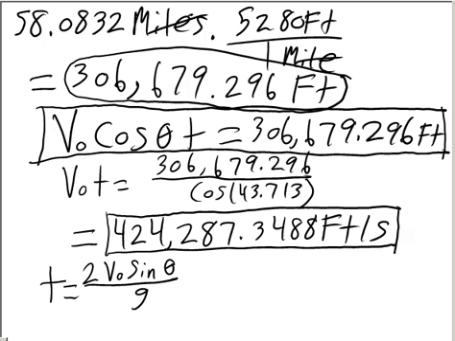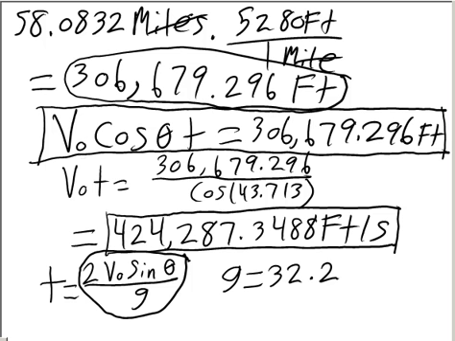Another useful equation here is our t equation, where t is equal to 2 times v naught sine theta all over g, our gravitational constant, and just as a reminder, g is equal to 32.2.